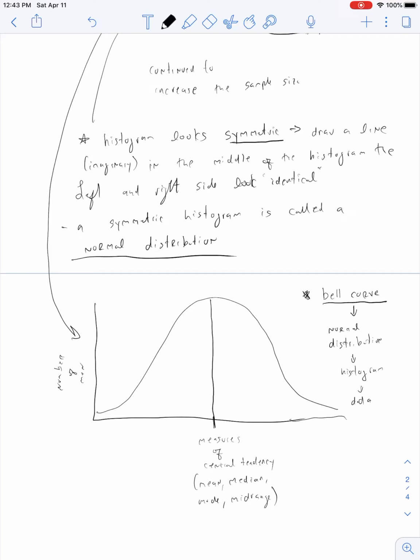And as we start going away from the mean, we start calling these standard deviations away from the mean.